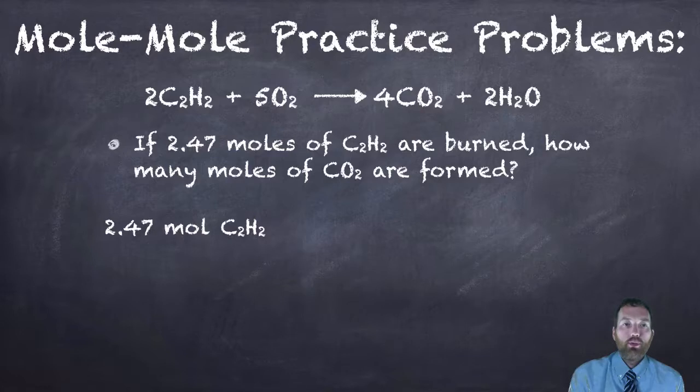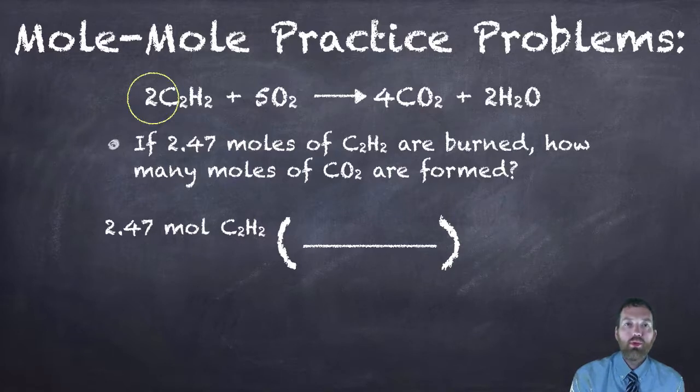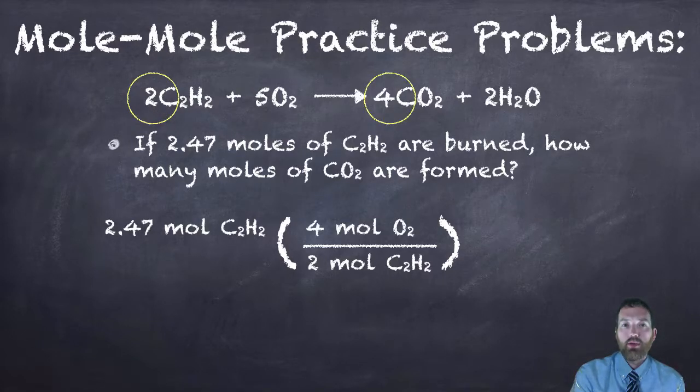Okay, we're going to start with what they give us, 2.47 moles of C2H2, and we're going to set up a bracket. I want the C2H2s to cancel, so I look at the mole ratio from the equation, and I see there's a 2 there, so I'll plug that in at the bottom. And I'll remind myself, what are they asking us to solve for? Moles of CO2. So I look to my equation, and I see the ratio is for every 2 moles of this, I make 4 moles of this, so I'll plug that in the top here.